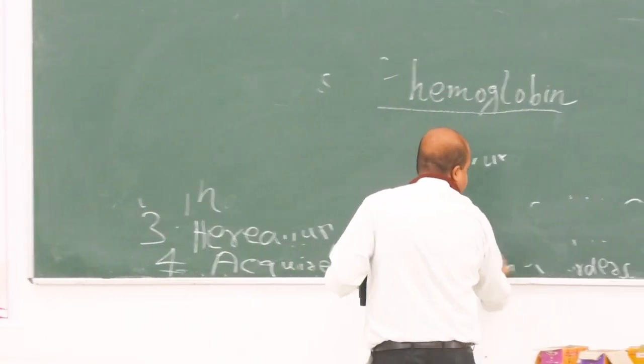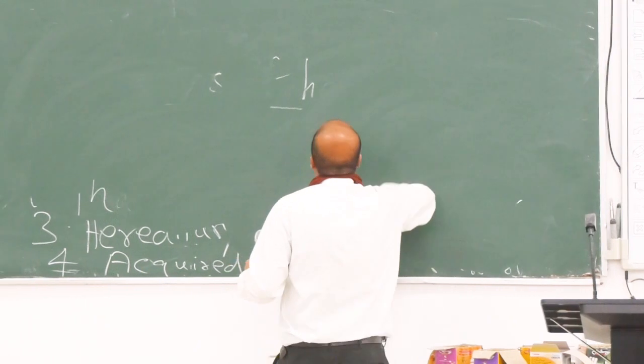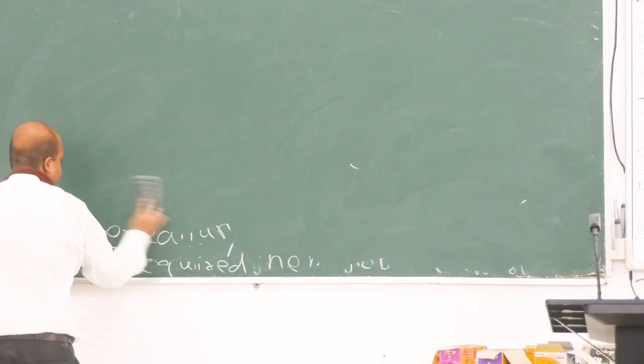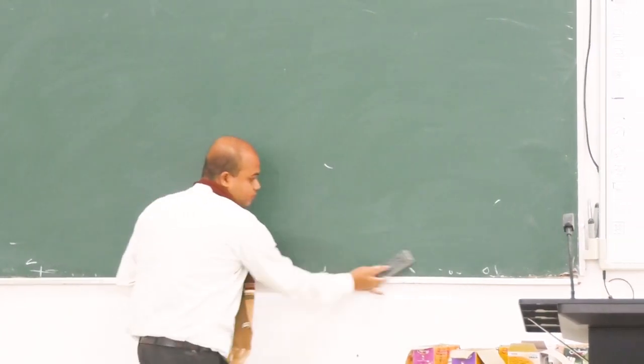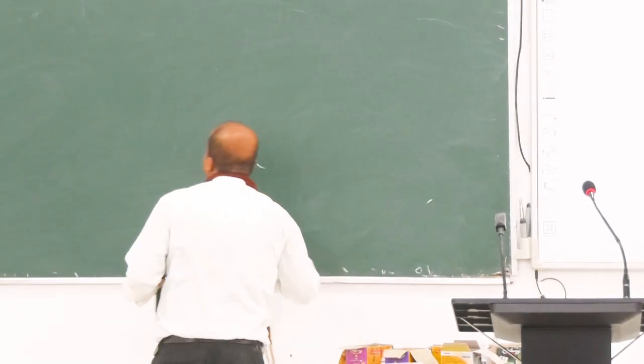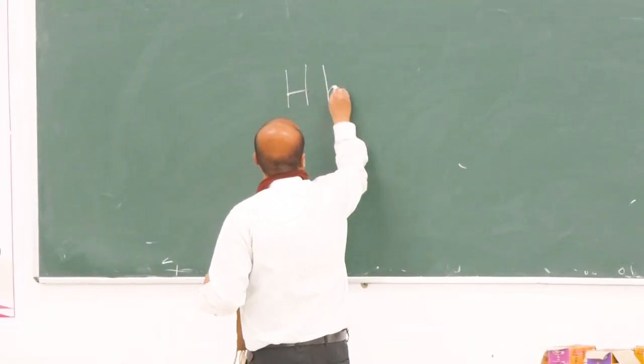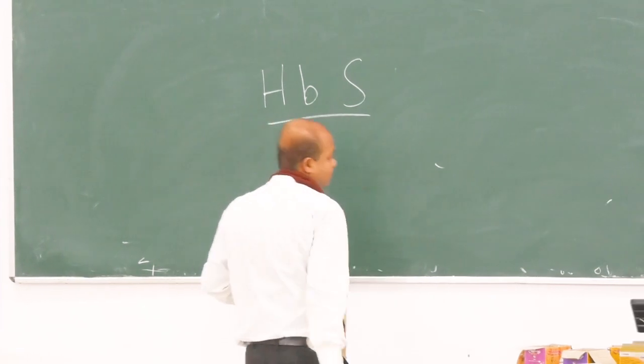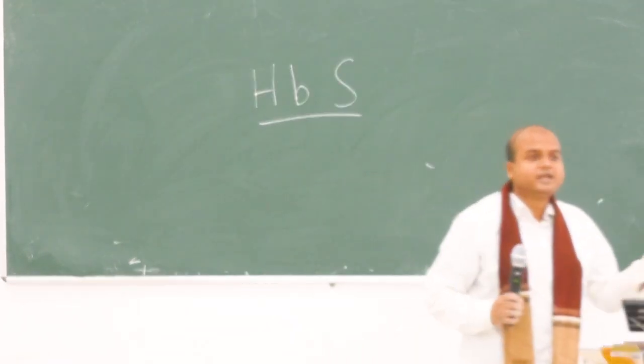Now, what happens in sickle cell anemia? Instead of HbA, the hemoglobin is such that we write this as HbS, just to remember that HbS stands for sickle cell anemia.